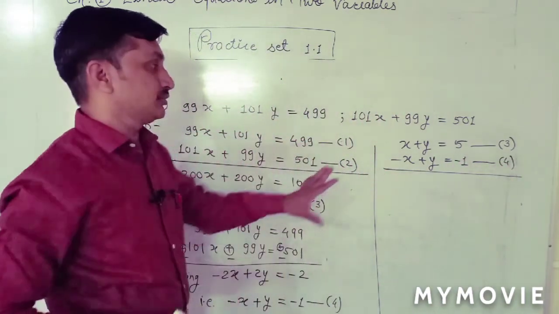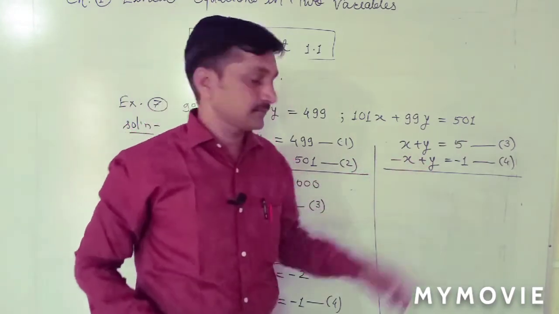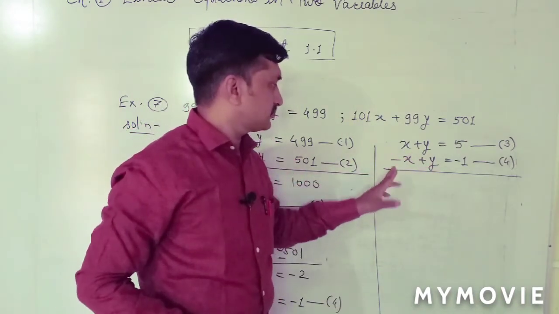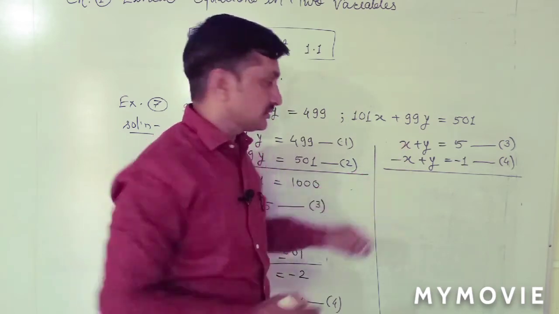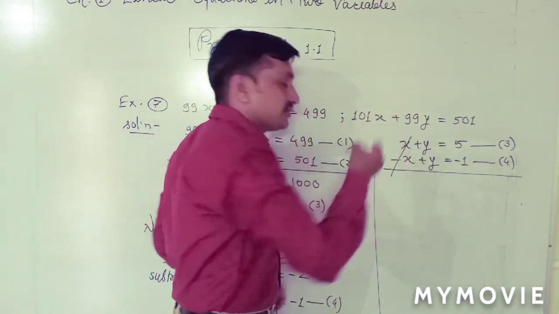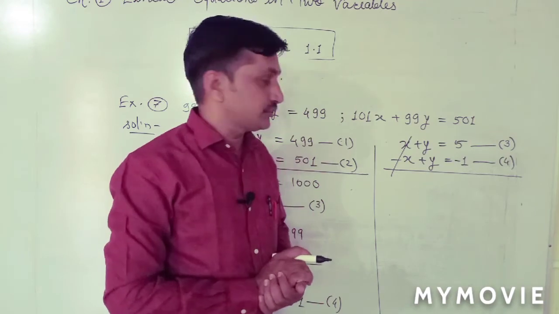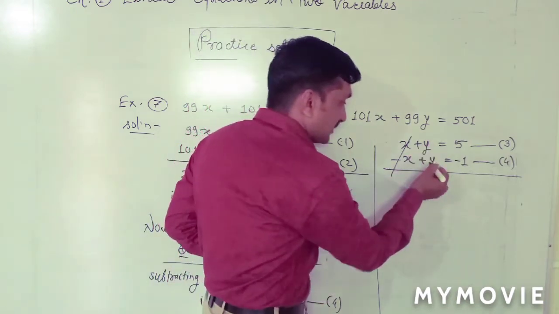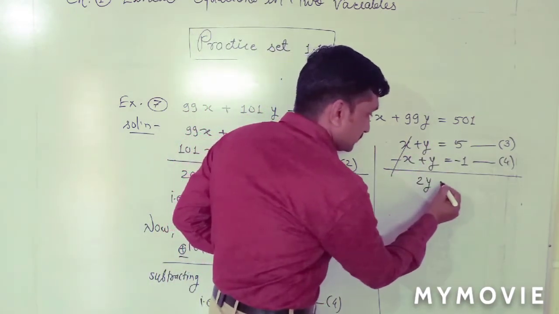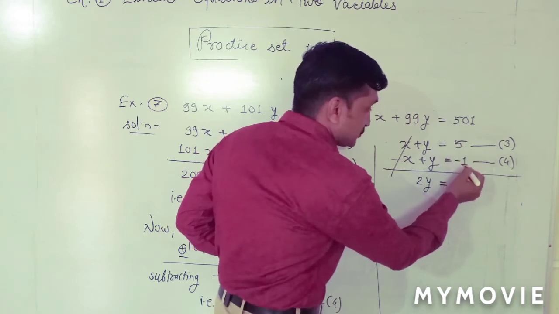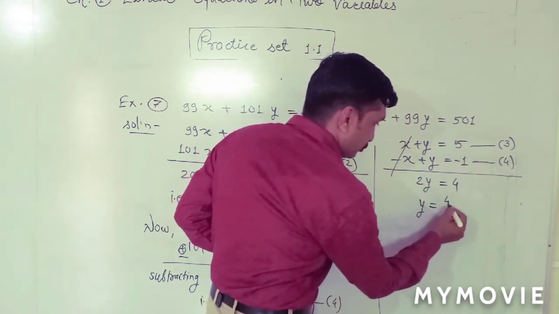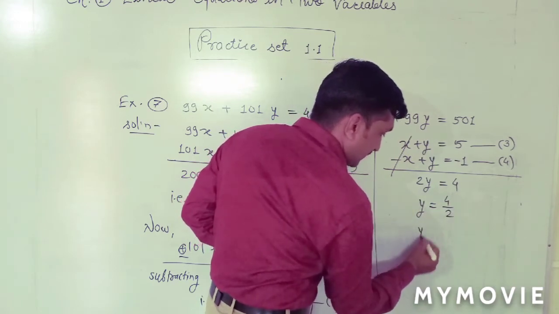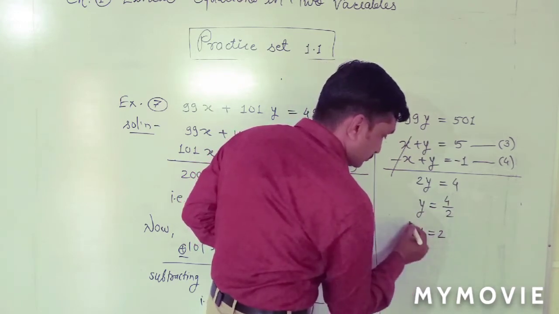Now you observe both the coefficients and signs. Coefficients are 1, 1, no problem, but signs here, plus x, minus x, these terms will get cancelled, value 0. 1y plus 1y, 2y is equal to 5 minus 1, 4. y is equal to 4 upon 2, y is equal to 2.